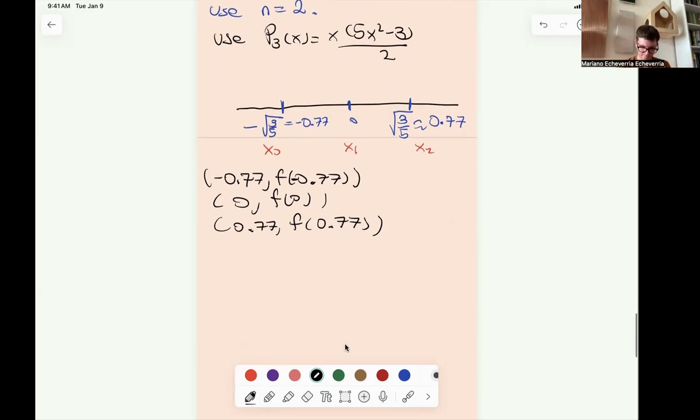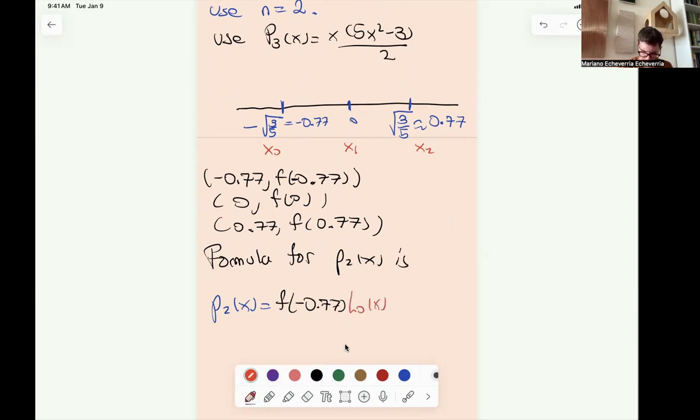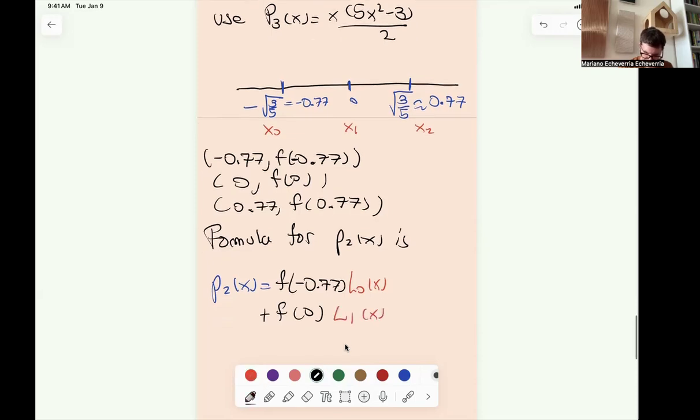So the formula for P2 of x would be f of minus 0.77 times, let's call it L0 to make my life easy, plus f of 0 times L1 of x plus f of 0.77 times L2 of x.